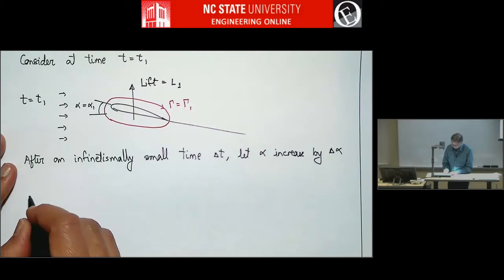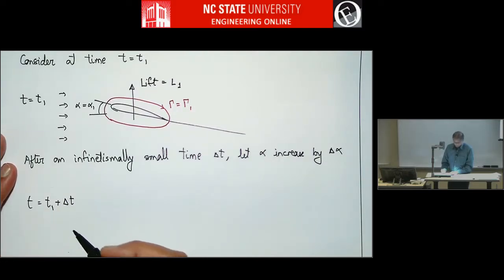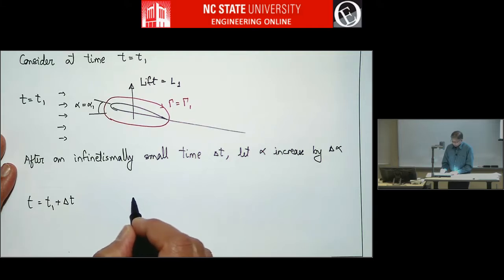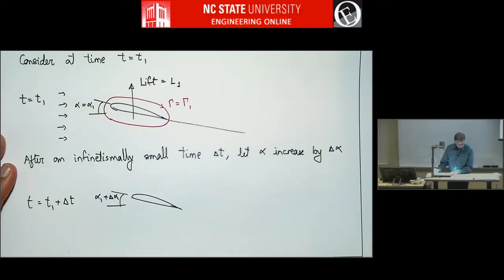So at time t equals t1 plus delta t, let's say alpha is increased by a small amount, so the new angle of attack is alpha 1 plus delta alpha.